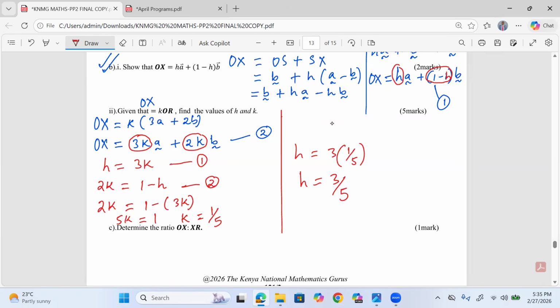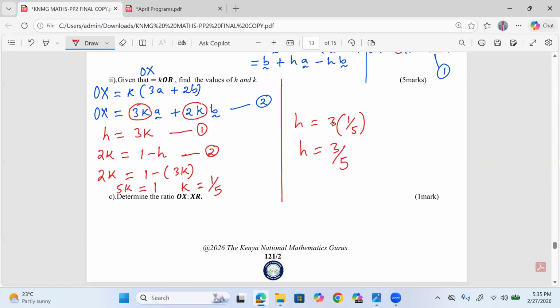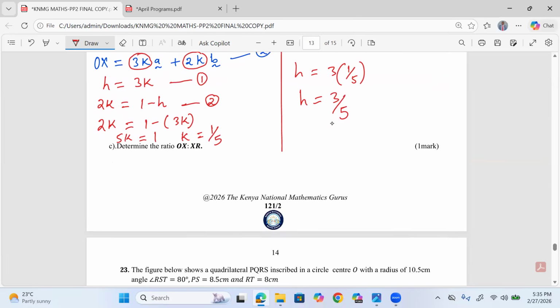So please just know the basics by simply being aware of how to solve them, because anytime they show up in various topics. Like this one is vectors and we are solving simultaneous equations. We also solved simultaneous equations in variations.